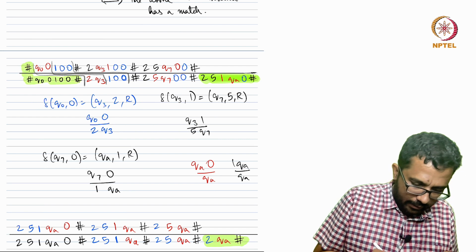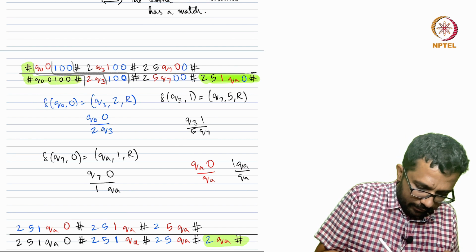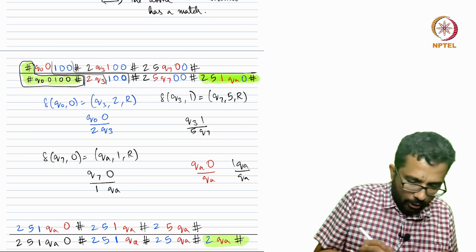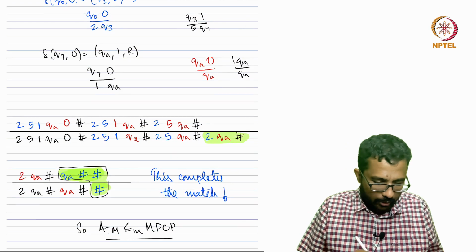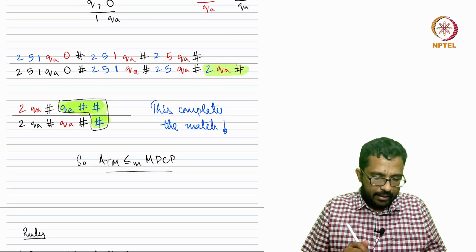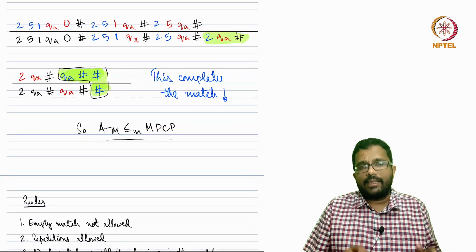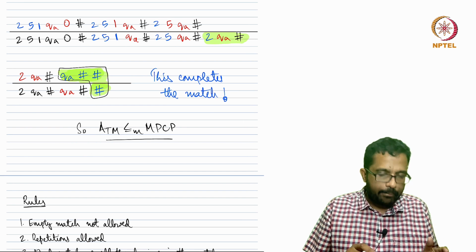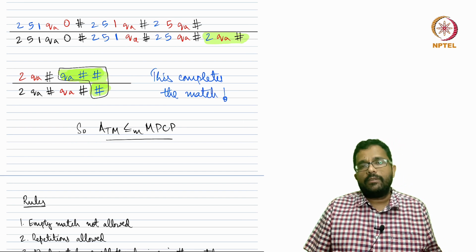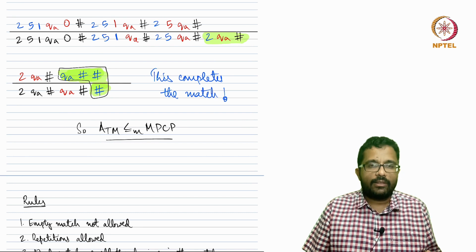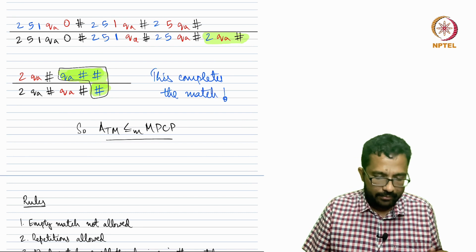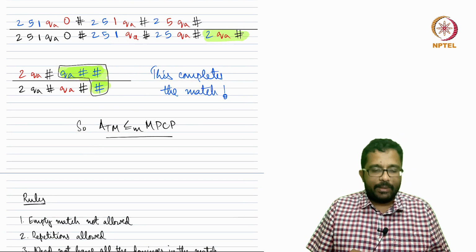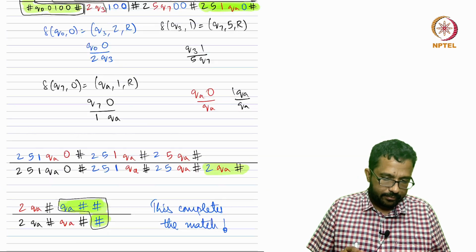This is the starting domino here, and we end with this domino, and that completes the match. It's now fairly clear that the MPCP instance has a match if and only if M accepts W, or in other words, if and only if M, W is in ATM. That completes the reduction, and hence we can see that PCP is undecidable.